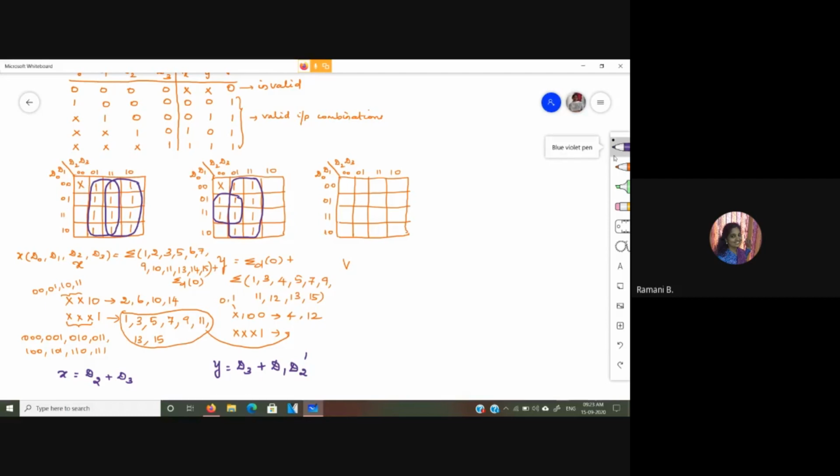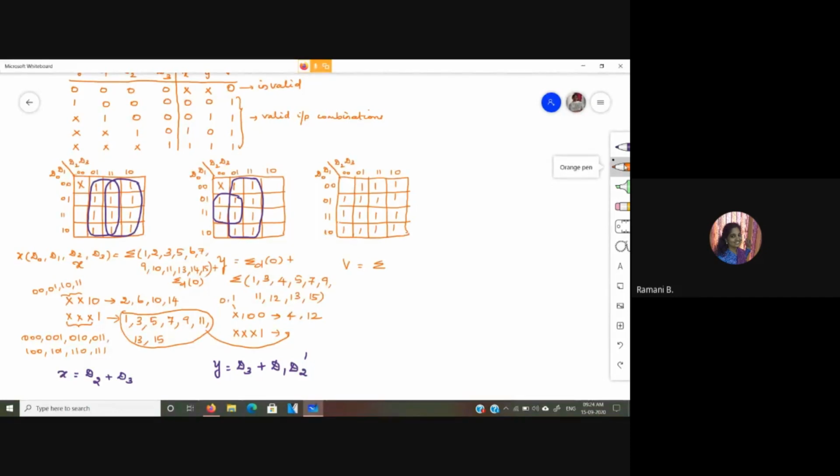And finally for valid input V, so we have 0 only for 0, 0, 0, 0. So all other places we are having a 1, right? The x actually take care of all those combinations. So here we actually had, that is for x100, you have 4, 12, x1 gives this one, xx10 has these combinations, and we also have the 8.